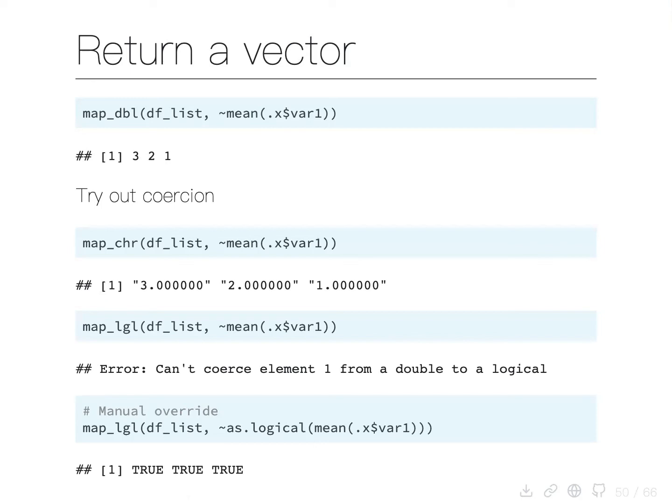Notice I'm getting an error that's saying can't coerce element 1 from a double to a logical. So it's going to give me an error. But if I wanted to, which I don't know why I would, I could actually call as.logical inside of my function, and then that would coerce it inside of there to be logical, and then it would work, right? But what we're getting back is nonsense, because anything that's not 0 is going to be true for coercing numbers to logical. But if we wanted to, that's how we could force it.